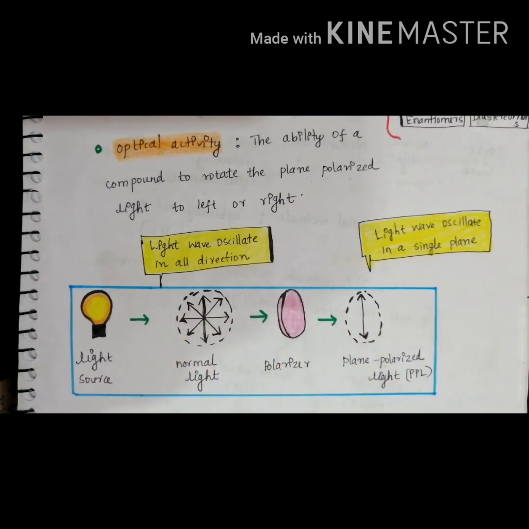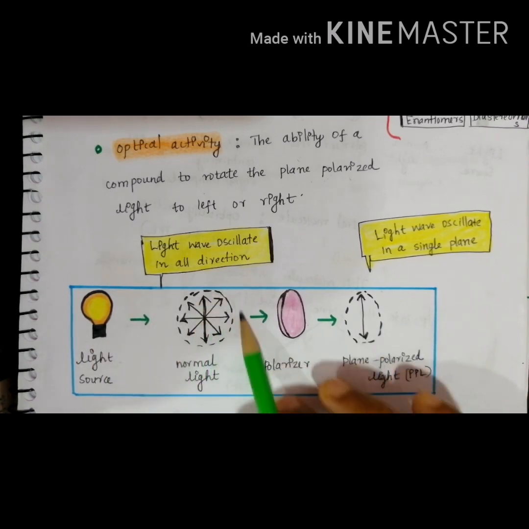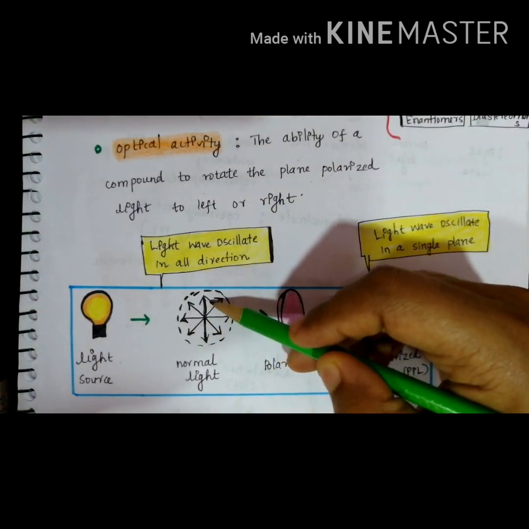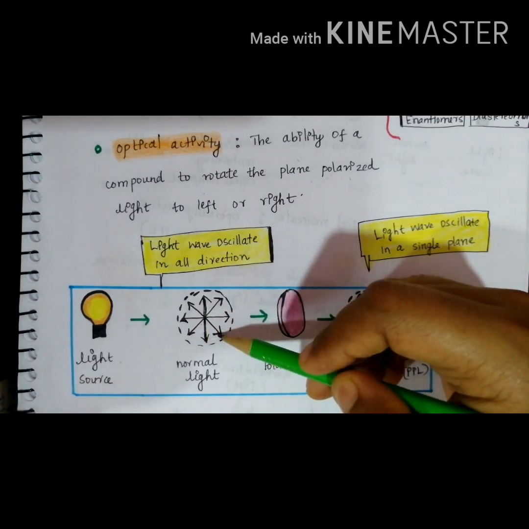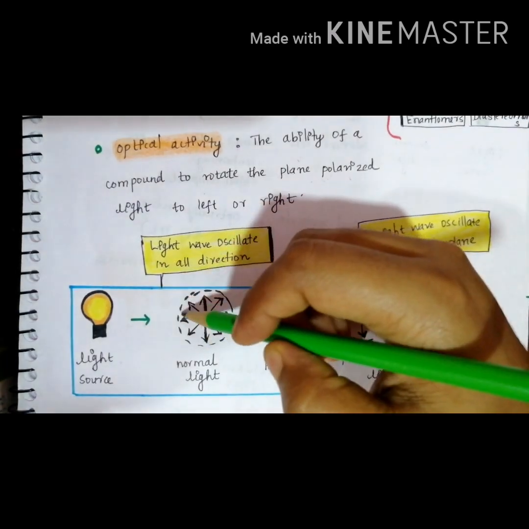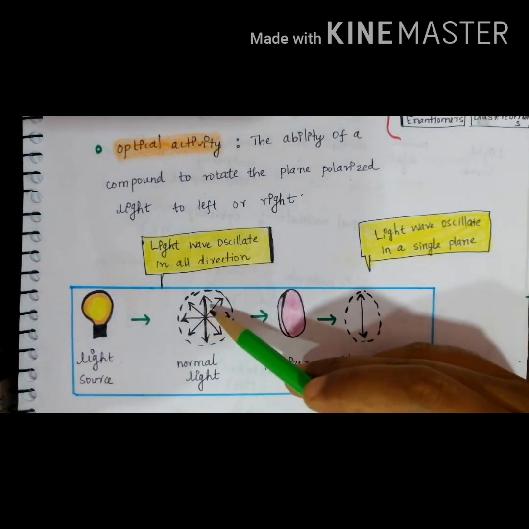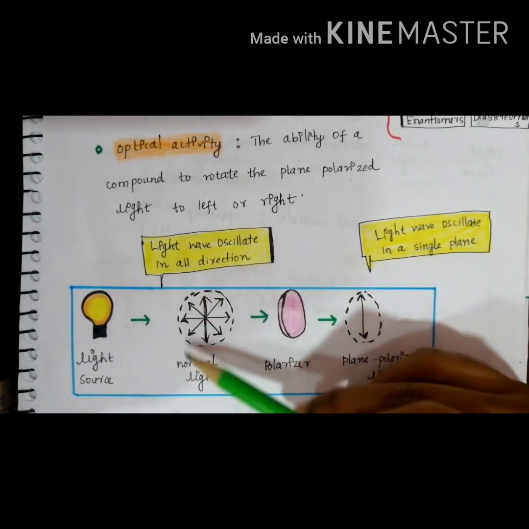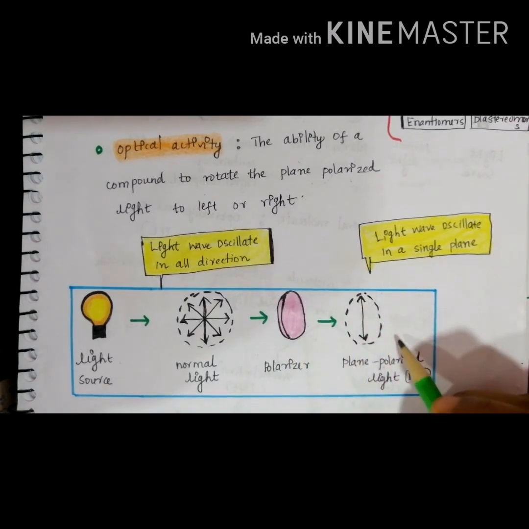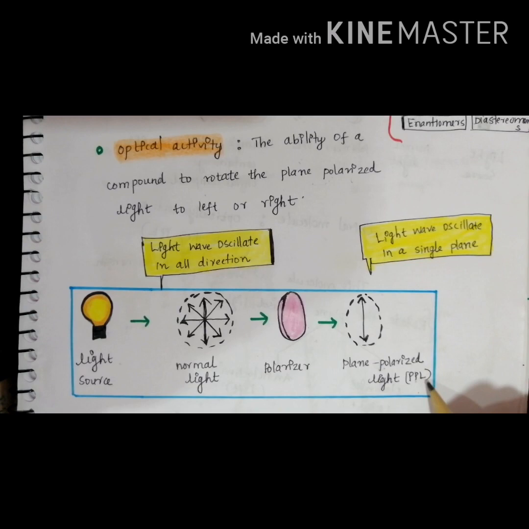For this polarimeter experiment we need a light source, and from this light source we get light waves. In this figure we can observe that the oscillation is present in all directions. These light waves originate from the light source and oscillate in all directions. Then they pass through the polarizer, and we get plane polarized light, or PPL.